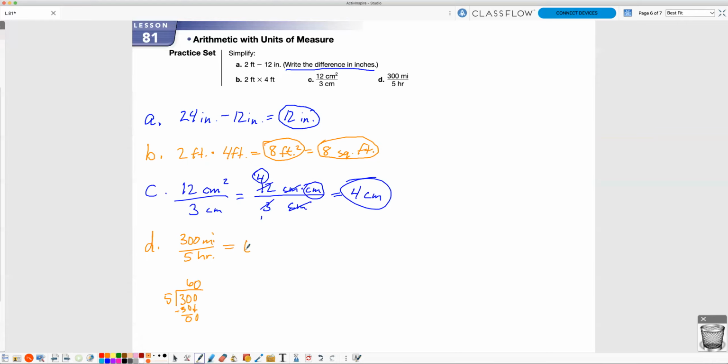So I'd have 60 as the number. This miles and hours, they don't cancel each other out. They are not equal units, so they just have to remain as they are. So miles per hour would be the final answer. 60 miles per hour. If you're going 300 miles in 5 hours, you're driving 60 miles each hour. And that would be it.